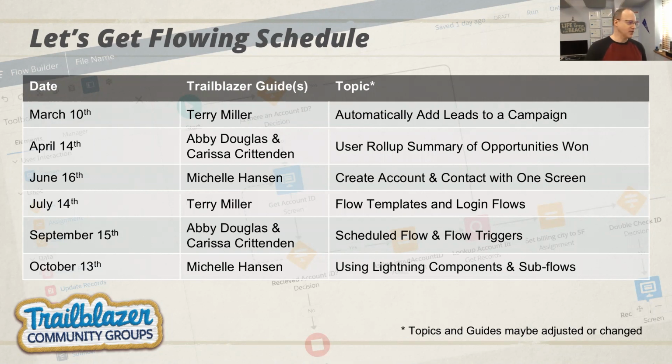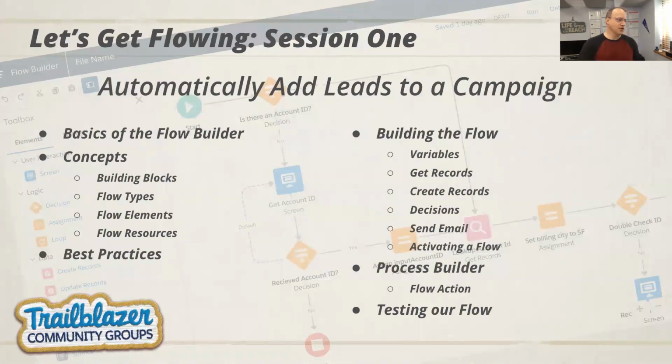And hopefully by the time we get down to that end session, you'll be pretty decent at creating some of these as well. So our first session, what we're going to cover, like I mentioned, is the basics of the Flow Builder, the concepts, and some best practices. And then specifically in this session, we'll look at actually building variables, getting records, creating records, making some decisions within our flow, and how to send an email through the flow.